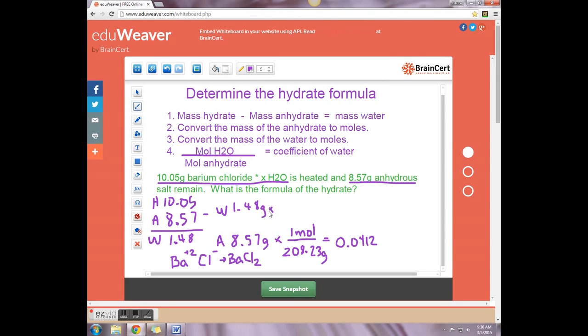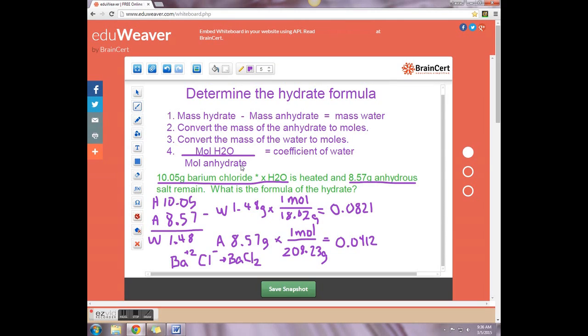And to convert this to moles, I need the molar mass. 1 mole over 18.02. 1.48 divided by 18.02 is 0.0821, keeping track of sig figs.